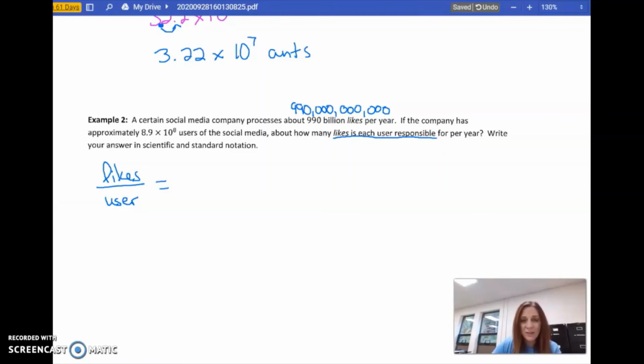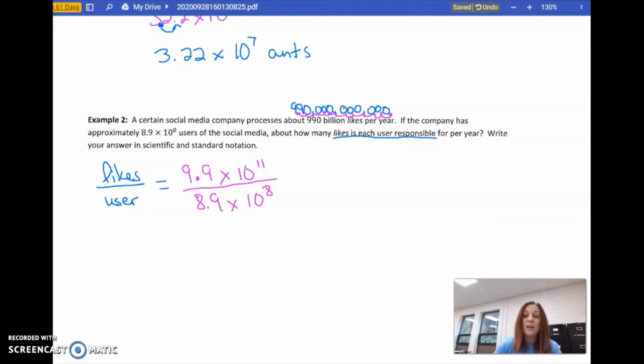So to put that in scientific notation, I want it between the 9 and the 9. 9.9 times 10. We go from where we want it to where it is. 1, 2, 3, 4, 5, 6, 7, 8, 9, 10, 11. 9.9 times 10 to the 11th over the number of users right here, 8.9 times 10 to the 8th.